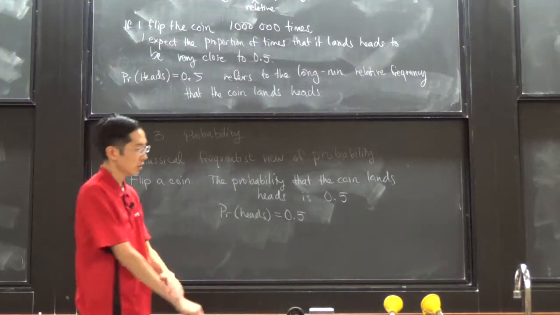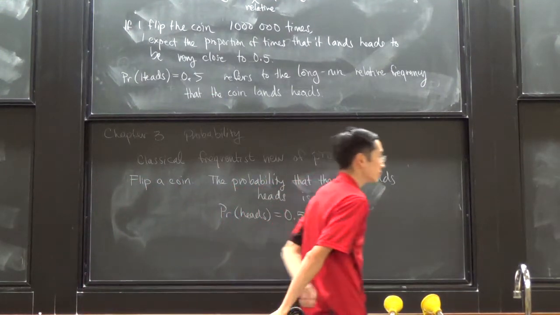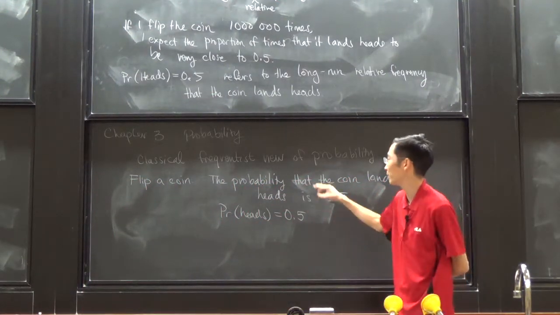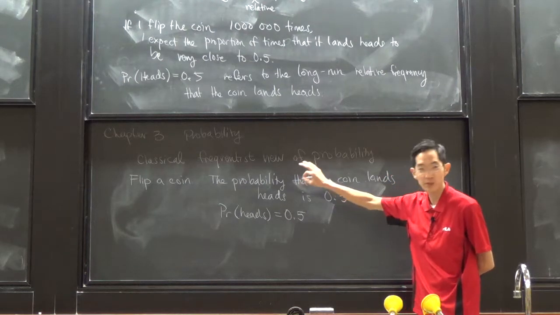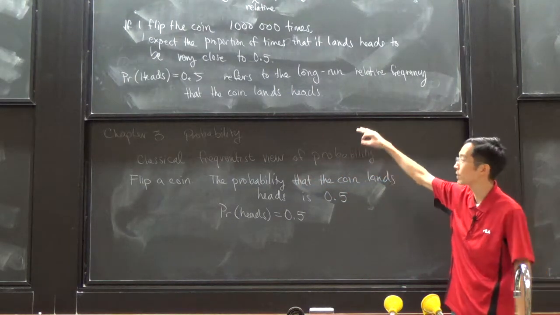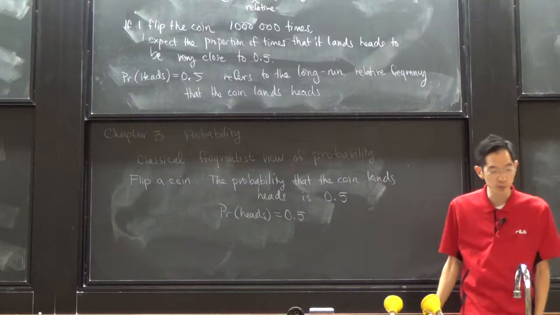And so this is how the classical frequentist view of probability defines probability.